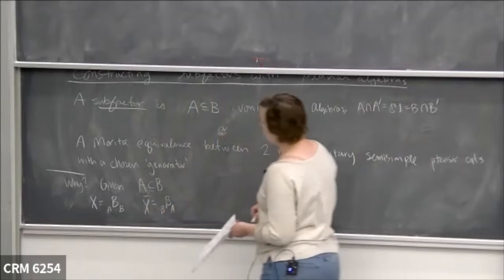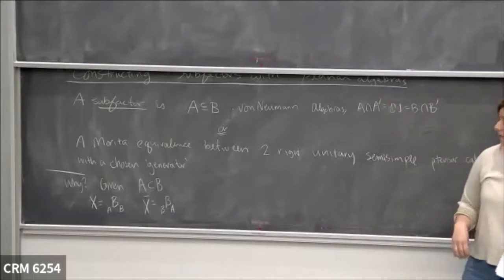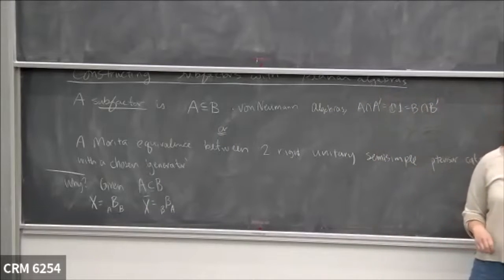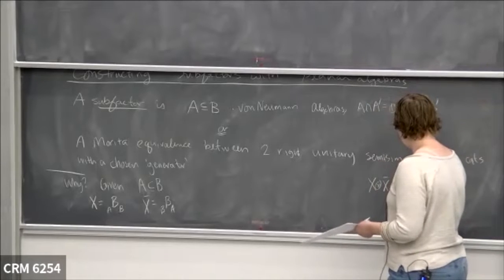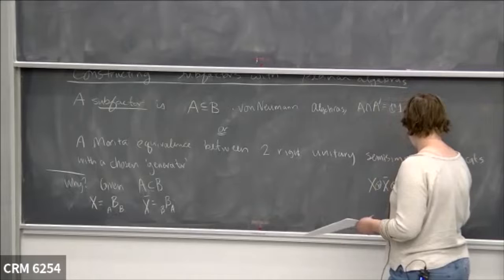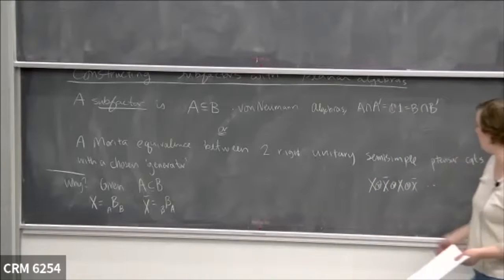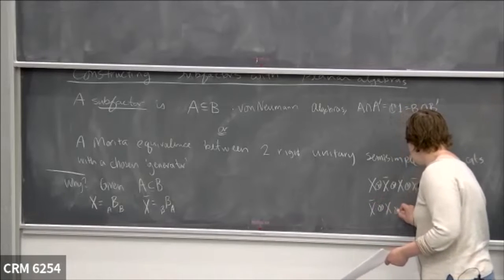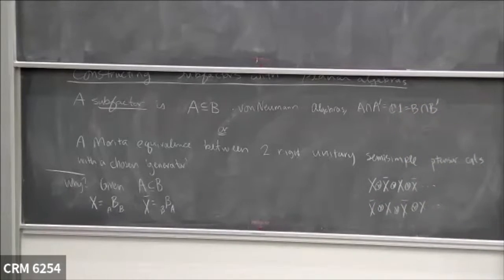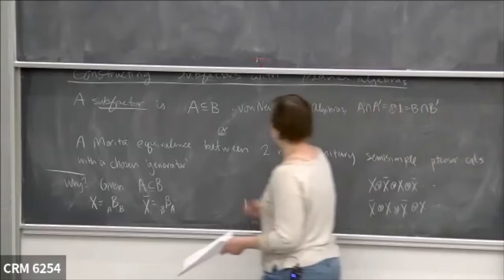And the reason for thinking about both of these is that if our indices match up, we can tensor them together. Okay, so we can take X, tensor X bar, tensor X, etc., some number of times, or we can do it in the other order, right? We can take X bar and tensor it with X. Okay, and we get, as we do this, a whole bunch of bimodules.